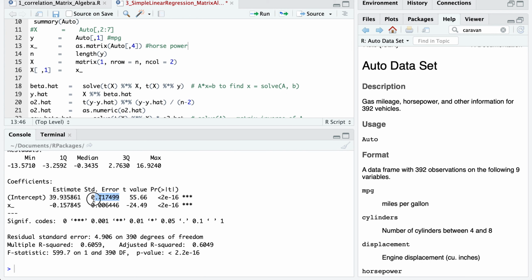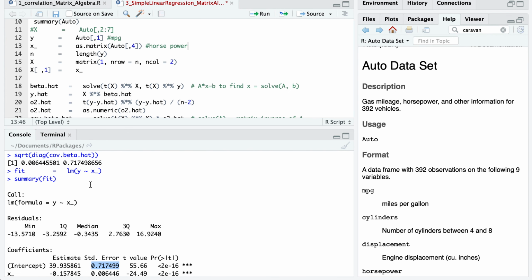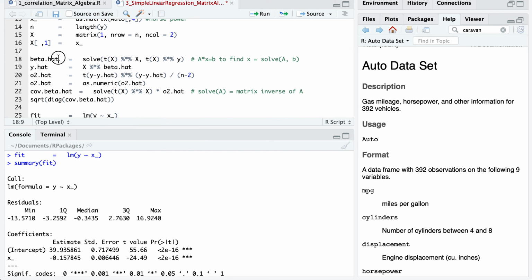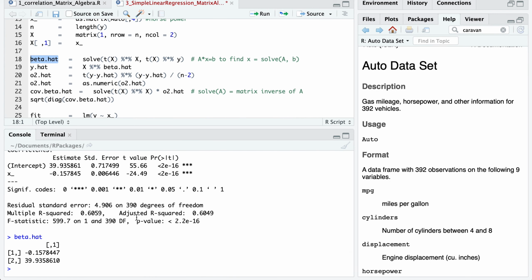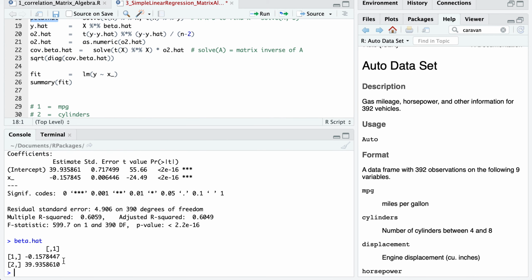The standard error is 0.717, which is what we got here, and the standard error of the coefficient is 0.0064. Also, this beta hat is the same as what you would get from this function, linear model. This is the same here, and this is the same here.